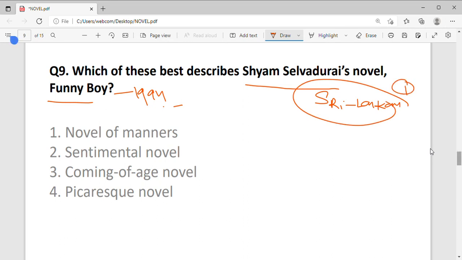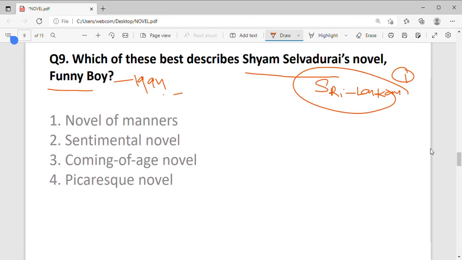Funny Boy was a coming-of-age novel, about a gay person. Maybe it is a derogatory remark, homosexual, interested in a person of the same gender. This is what the novel is about: society's perspective towards him, or the way he sees society. So it is a coming-of-age novel, even though there is a movie on it.